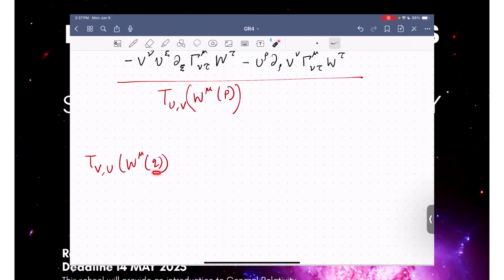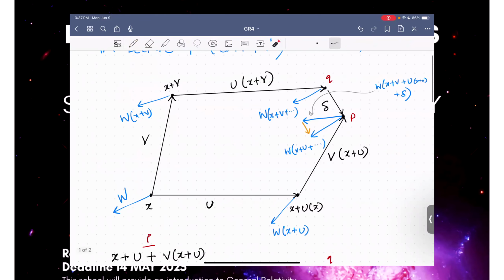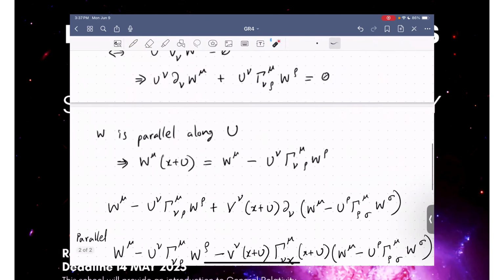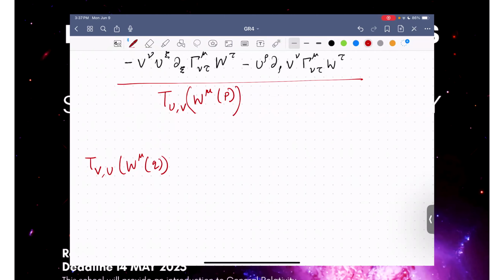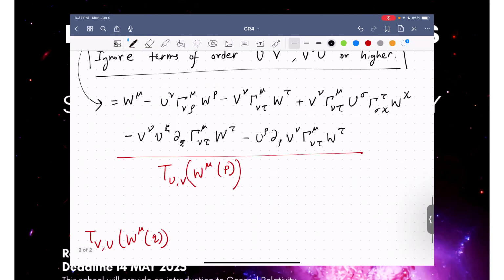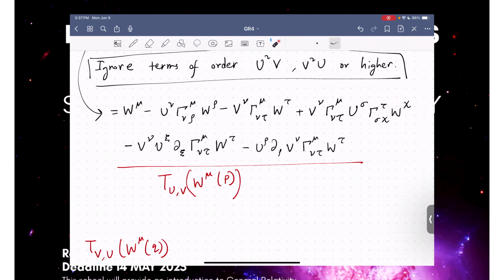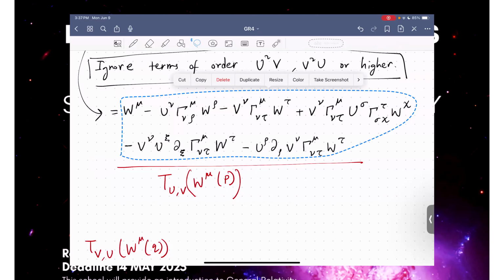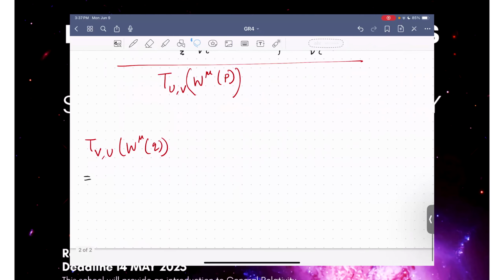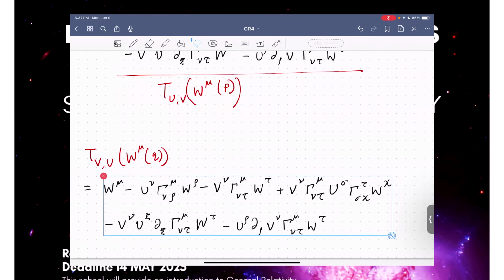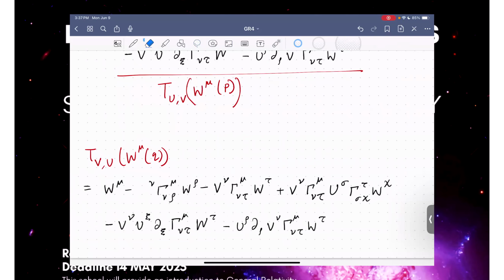And if we do this, we will end up at Q. So you do first V and then you do U, and then you will end up at Q. This expression is nothing but this, where you swap U and V. So let's do that. Wherever I have U, I will put V, and wherever I have V, I will put U.